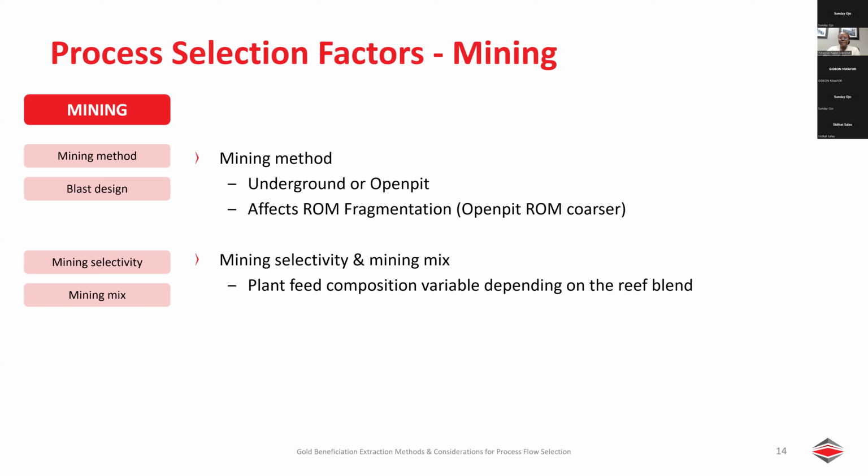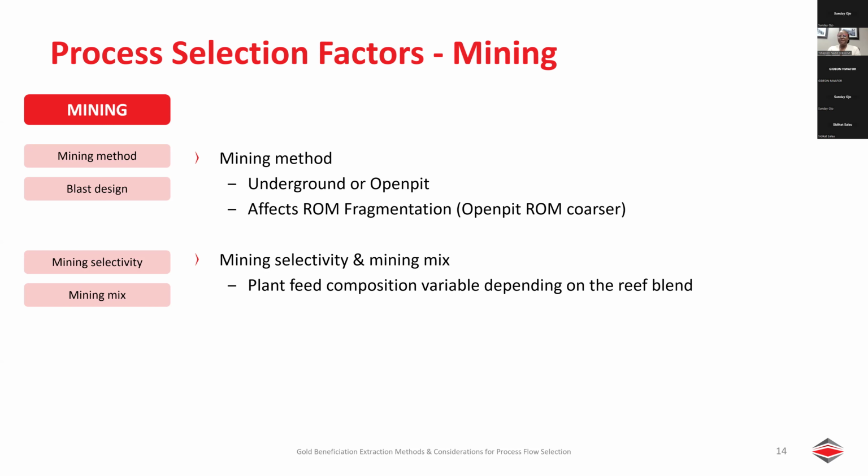Then the mining mix and the mining selectivity, these influence the composition of the plant feed. So for example, there may be instances where there is more than one type of gold reef in an ore body, and these have different characteristics.